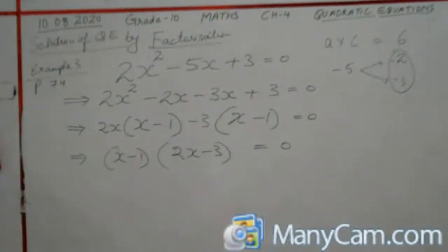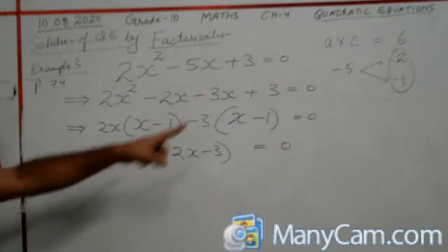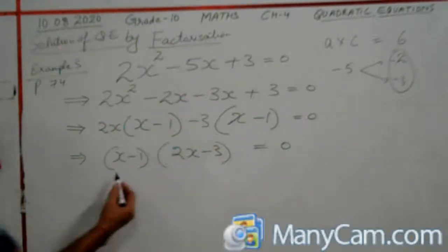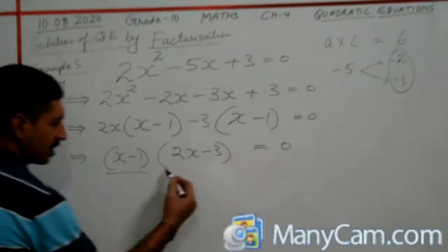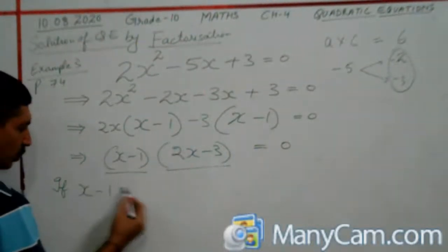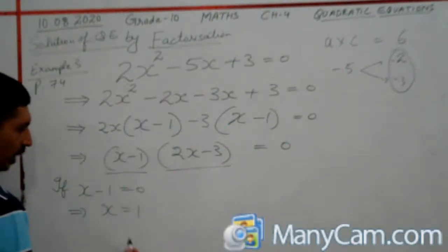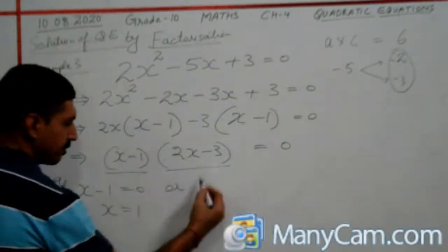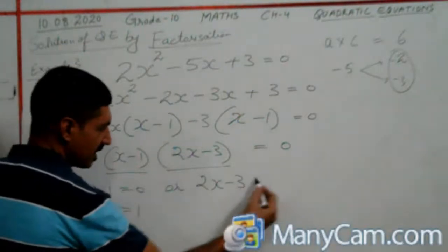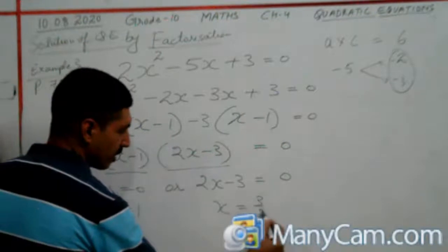Now to find the roots of the equation, either x minus 1 is 0 or 2x minus 3 is 0. If x minus 1 is equal to 0, this implies that x is equal to 1, or if 2x minus 3 is equal to 0, x is equal to 3 by 2.